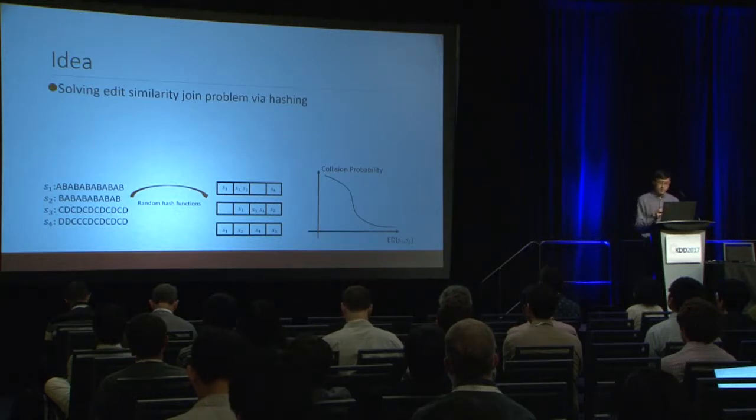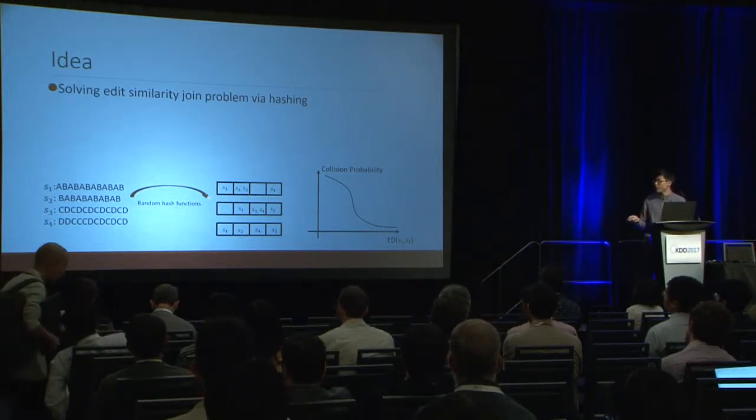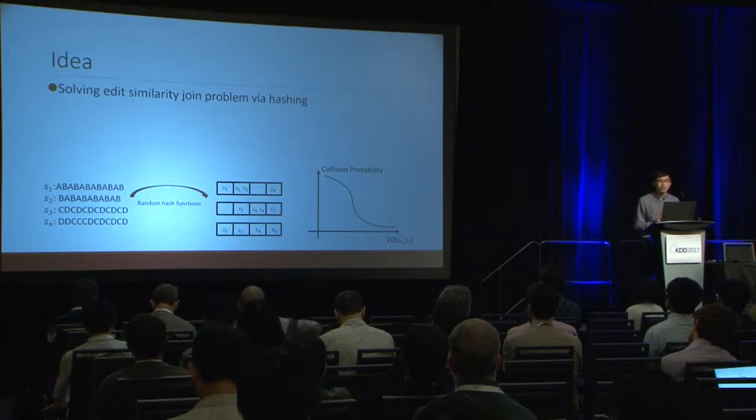This kind of hash function is also called locality sensitive hashing. We want to build multiple such hash tables, and we expect the similar pairs will be hashed into the same bucket in at least one hash table.